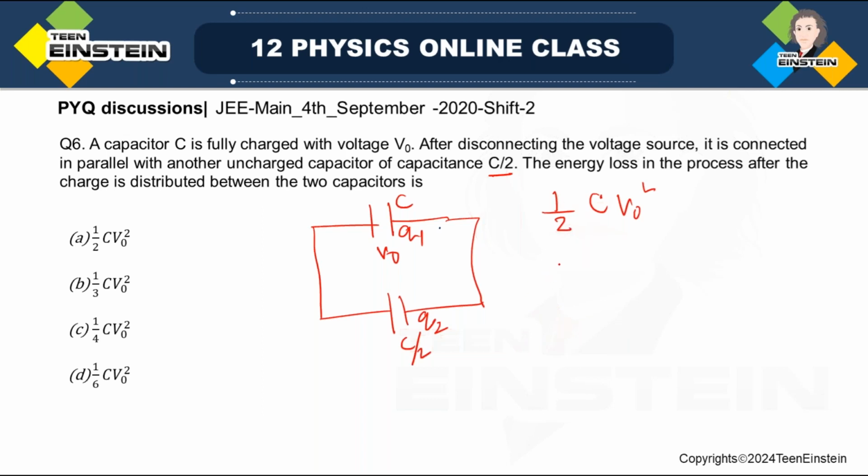Look, I know the total charge Q1 plus Q2 to be CV0. Okay, and this charge is CV, right? So C1 V prime plus C2 V prime.